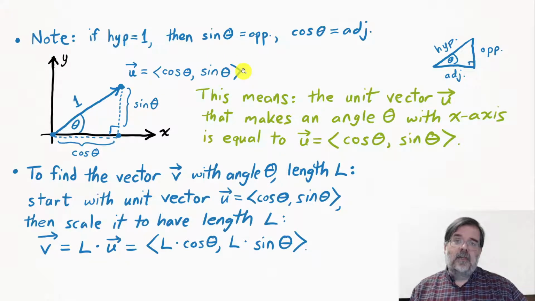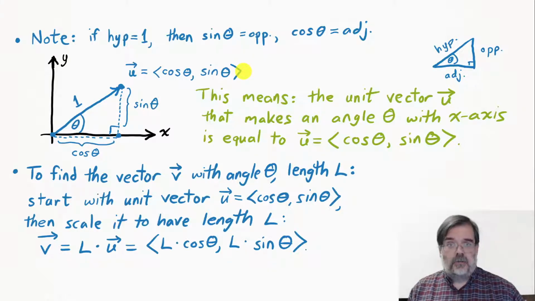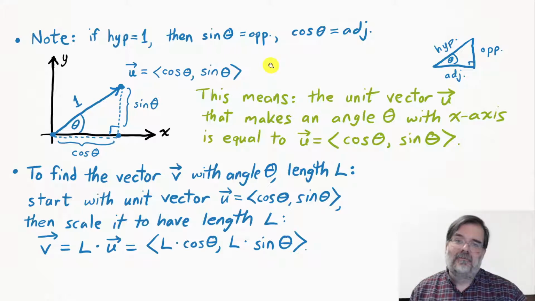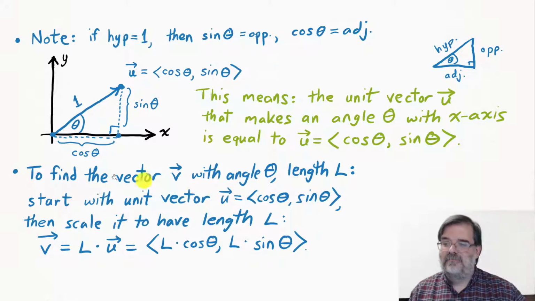Well, sometimes you'll be given a vector, right? You might say, the vector v equals 3, 4. But sometimes vectors are described in terms of their angle and their length, or in terms of their direction and their magnitude, to use two synonyms for those terms. But now, this observation, how to create a unit vector with a given direction, lets us easily find the values of vectors when this information is given.